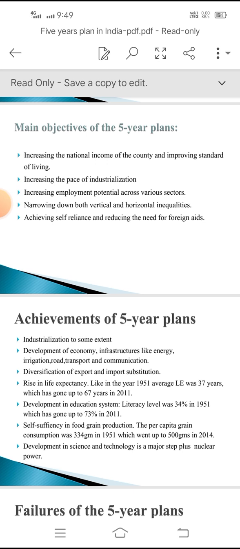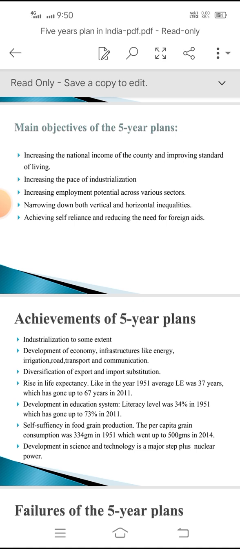Before independence, for mechanical devices and operations and some goods, we depended on neighboring countries, Germany, Japan, and other countries. Now we are making our needs in our own country, establishing new industries for manufacturing our own products. Development of economy, the infrastructure like energy, irrigation, road, transport, and communications. So we have well developed all these sectors.